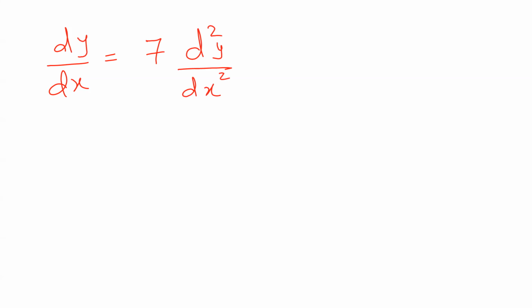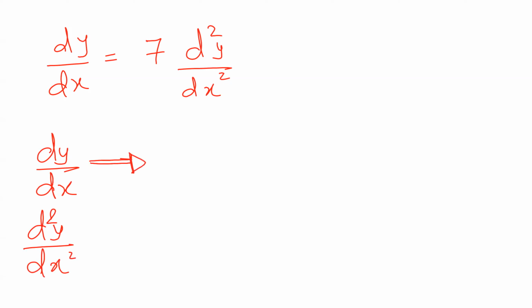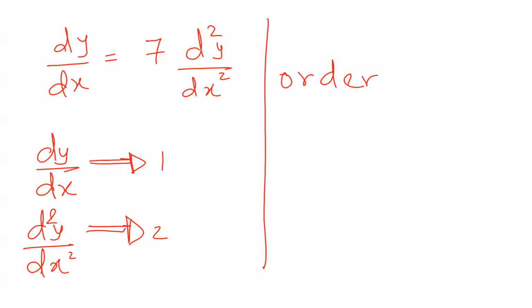Let us note down the differentials. So the differentials are dy by dx and d square y by dx square. These are the first order derivative and the second order derivative. So the order of this differential equation is 2. We have to consider the maximum order.